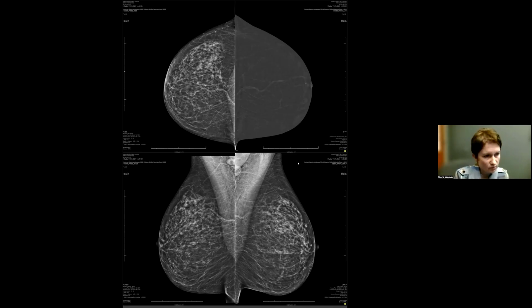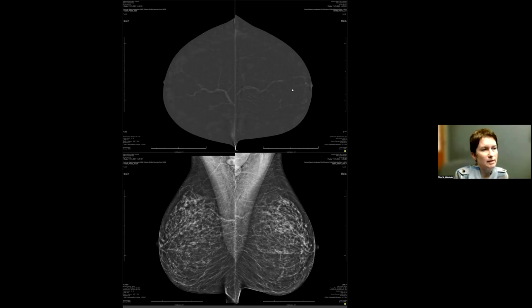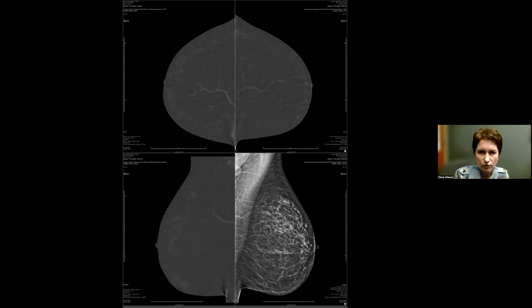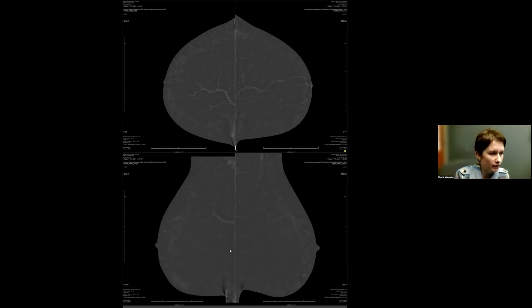So this is a scattered fibroglandular density, maybe some would call it heterogeneously dense. But when you're looking at the recombined images, this is an example of minimal background parenchymal enhancement. So this is very uniformly dark, not really much background enhancement.